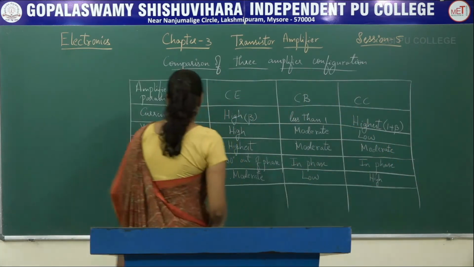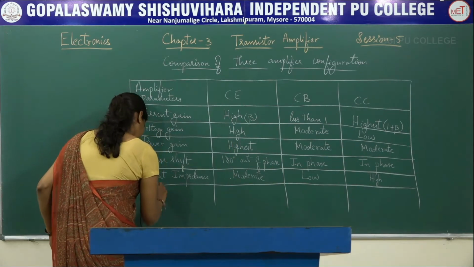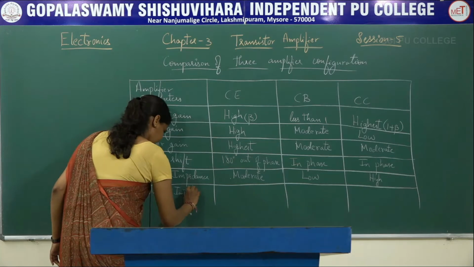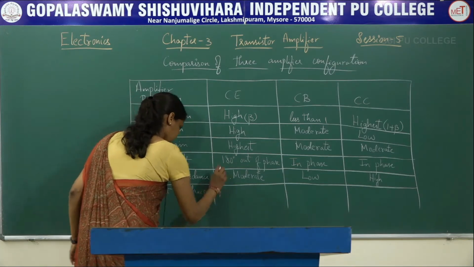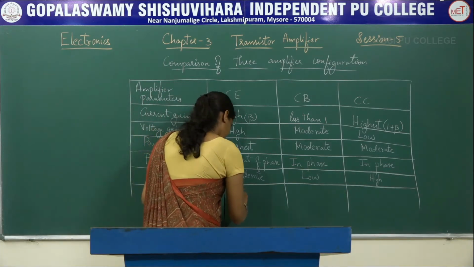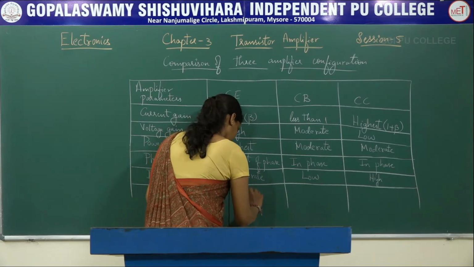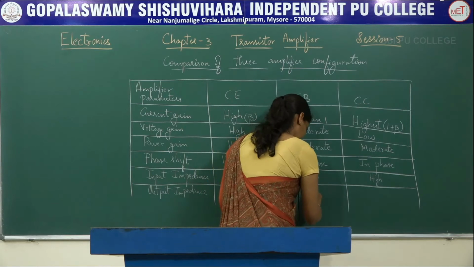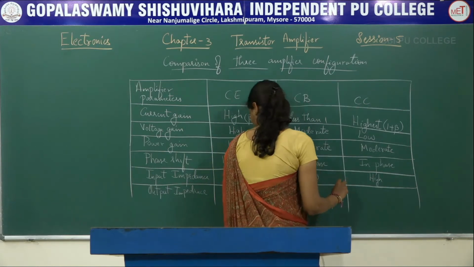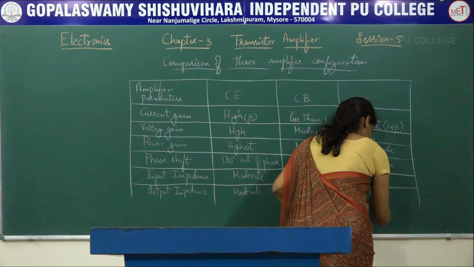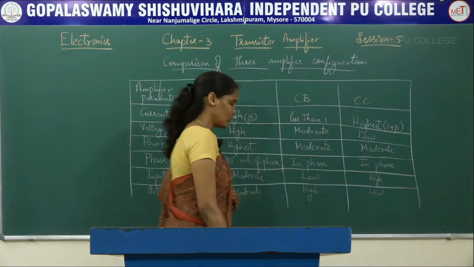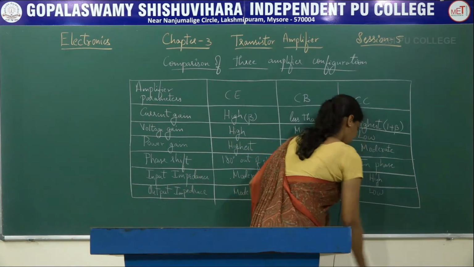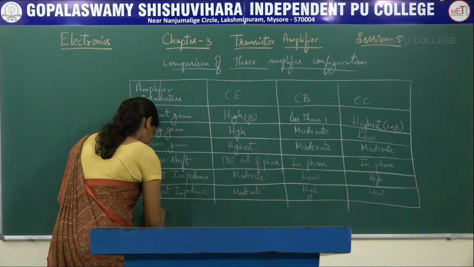Next comes the output impedance. Output impedance in the common emitter configuration is moderate, whereas in the common base it is high, and in the common collector configuration it is low. Coming to the last parameter, that is the bandwidth.